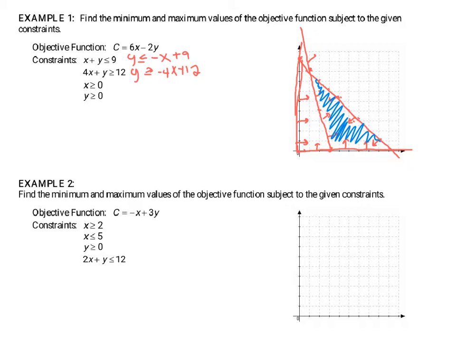We now want to identify the points of intersection. So we have one here at the point 1, 8. I have one down here at the point 9, 0. And one here at the point 3, 0.